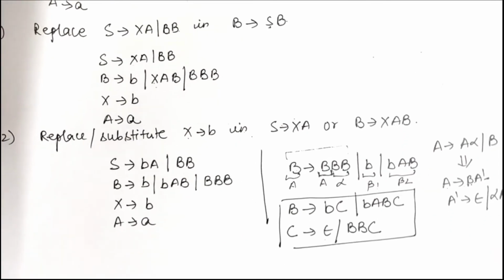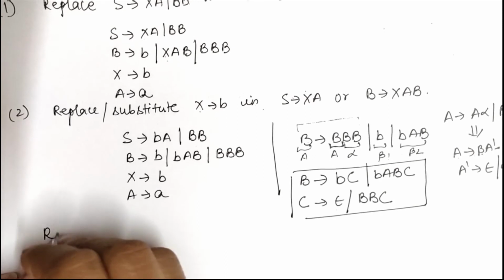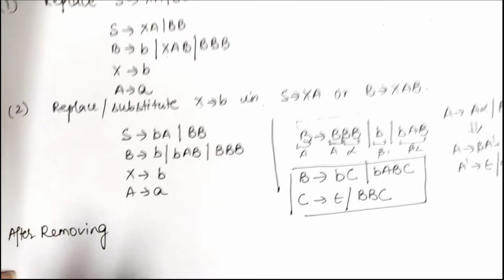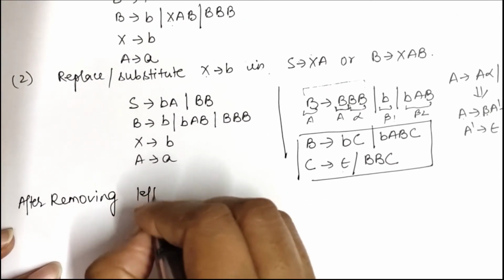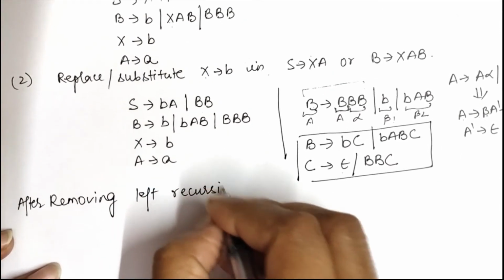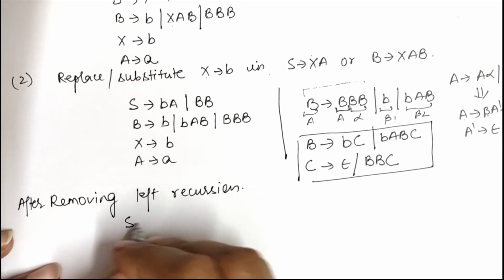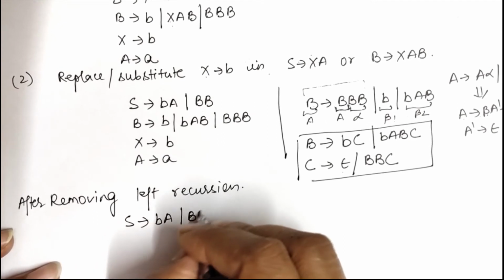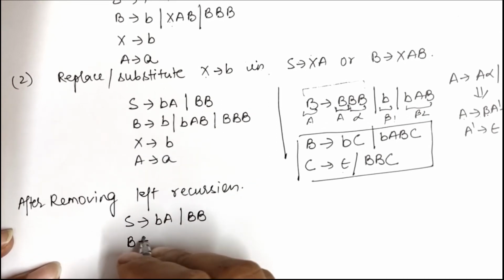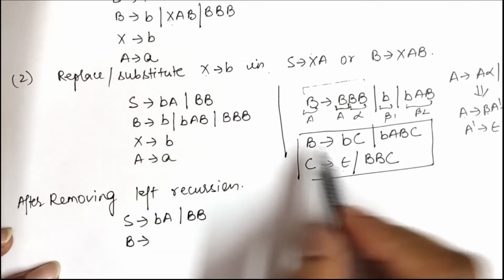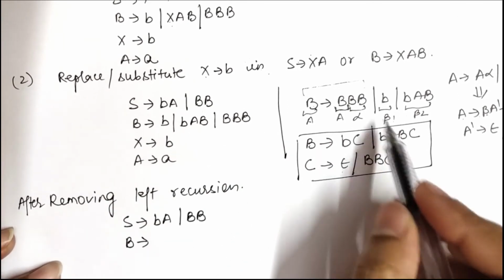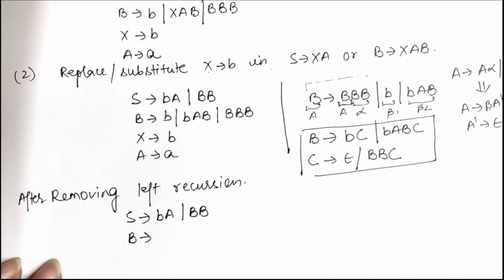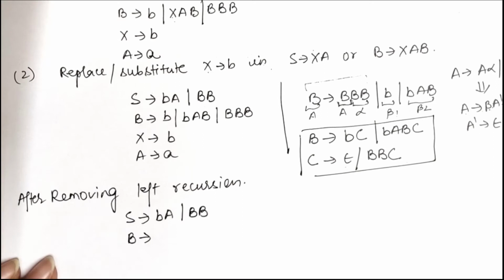So now the answer is, after removing left recursion, the grammar will be: S derive XA or BB, this grammar remains as it is. B derive b or BAB, and in place of this I am writing this, because this grammar will be treated as having no left recursion property.